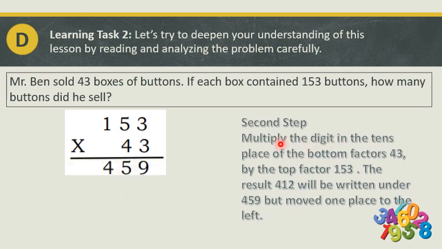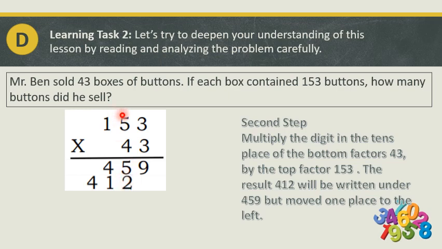Then, second step natin is to multiply the digit in the tens place. So, tapos na tayo sa 3. So, dito na tayo sa tens place natin which is yung 4. So, multiply natin siya sa 153 from right to left. So, yung 4 times 3, ito yung magiging answer natin. So, maglalagay tayo ng space dito kasi nasa tens place na tayo. So, 4 times 3 is 12.